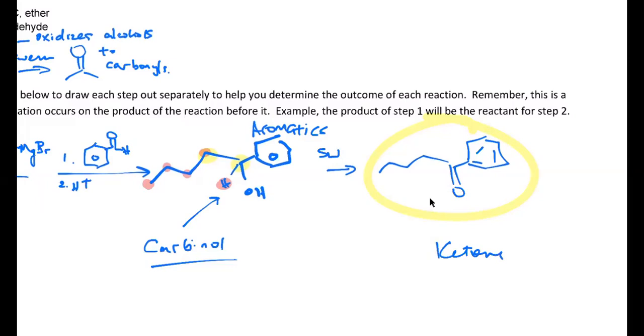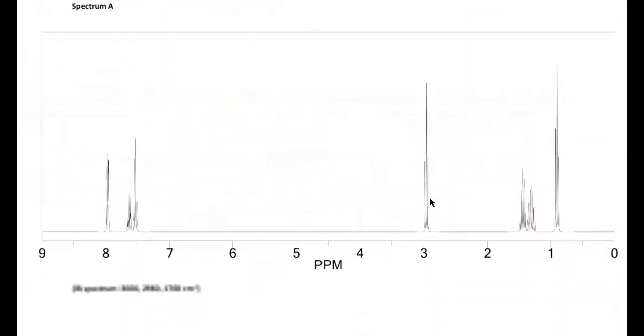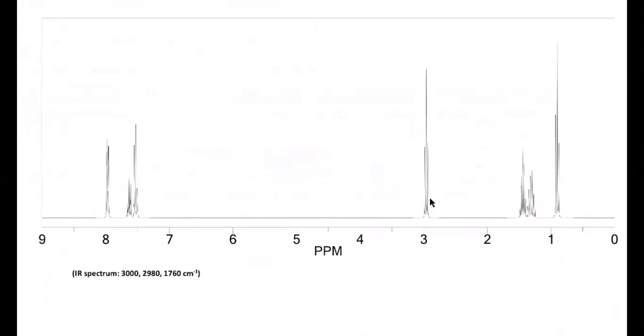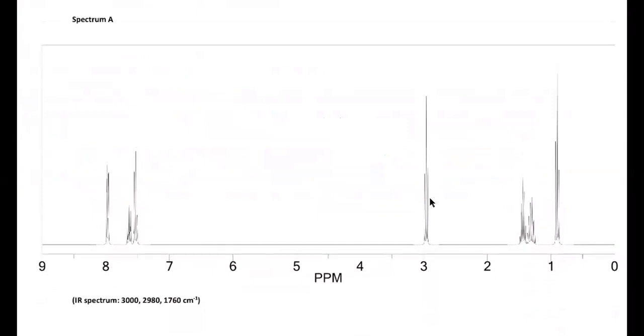All right, so let's look at the spectra and see if we can figure out what's what. We should have 3 spectra. All right, what do you think? You have aromatic protons, right?